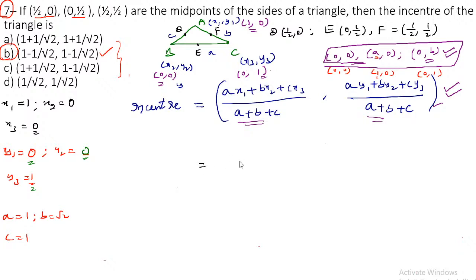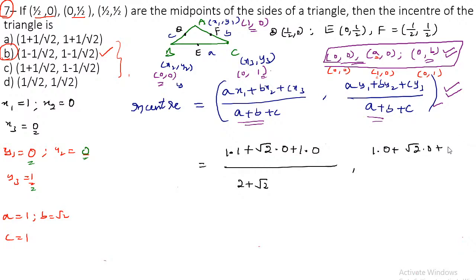So A is 1 into x1 is 1 plus B is root 2 into x2 is 0 plus C is 1 into x3 is 0 by A plus B plus C, this is 2 plus root 2, comma A is 1 into y1 is 0 plus B is root 2 and y2 is 0 plus C is 1 and y3 is 1, 2 plus root 2.